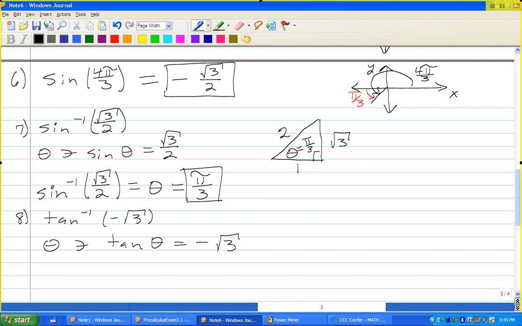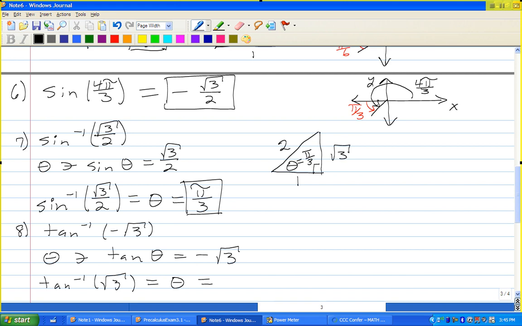Okay, so let's use the above triangle. So I just want to find theta here. Well, first off, tangent is going to be negative in either the second or fourth quadrant.